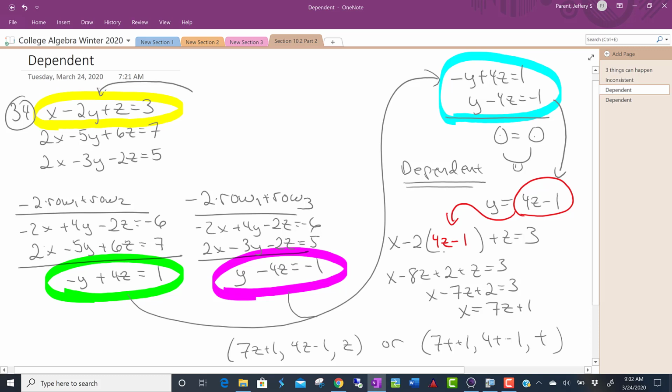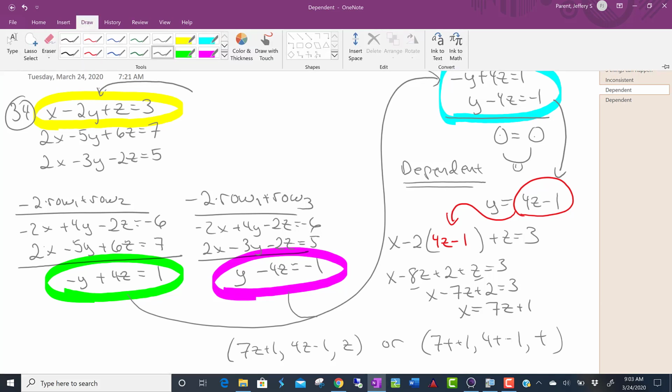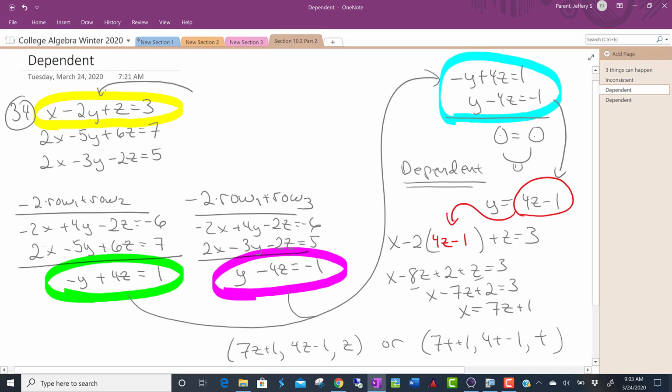If I distribute the negative 2, and then collect like terms, so negative 8z and z added together give me negative 7z, subtract 2 and add 7z to both sides, and I end up with x equals 7z plus 1.